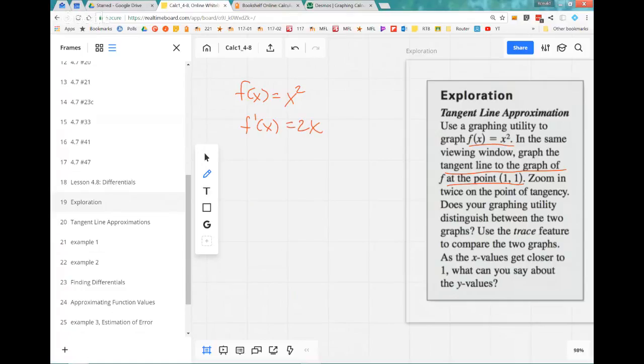Now we've got to do it at the point (1, 1). So what's the derivative at 1? Of course, that's just 2 times 1, or 2. So what's the equation of the tangent line at that point (1, 1)? Well, we already know the slope is 2.